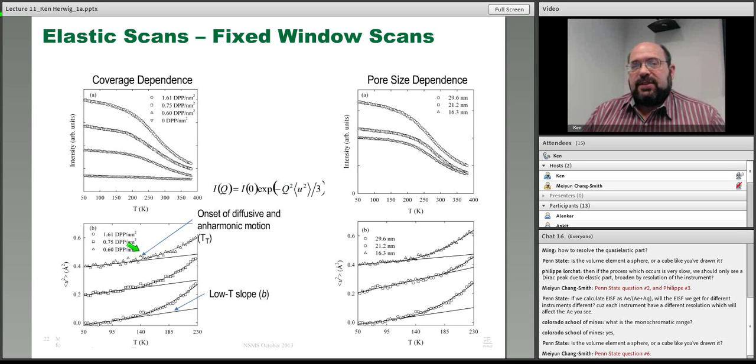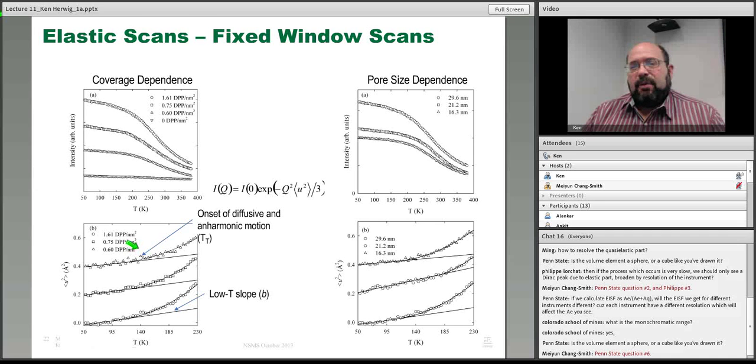In proteins, this has been identified as something you'll see in the literature as a dynamic transition, happening around 220 degrees for hydrated proteins. But it's just the temperature at which the dynamics starts to move into the range that your instrument is sensitive to. The other thing you can do is model the low temperature slope, its increase with temperature.